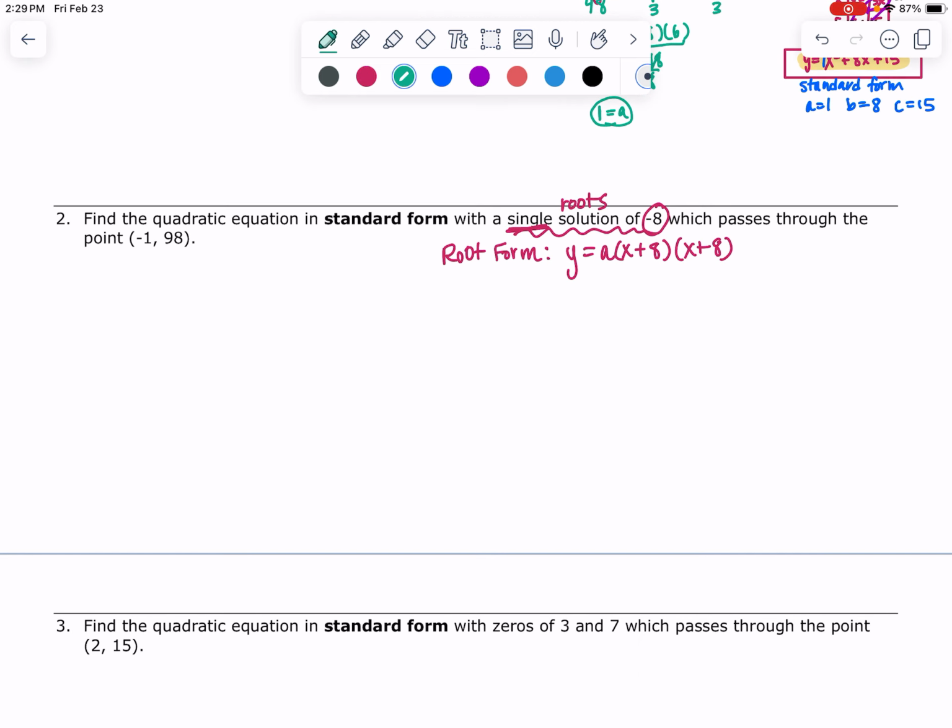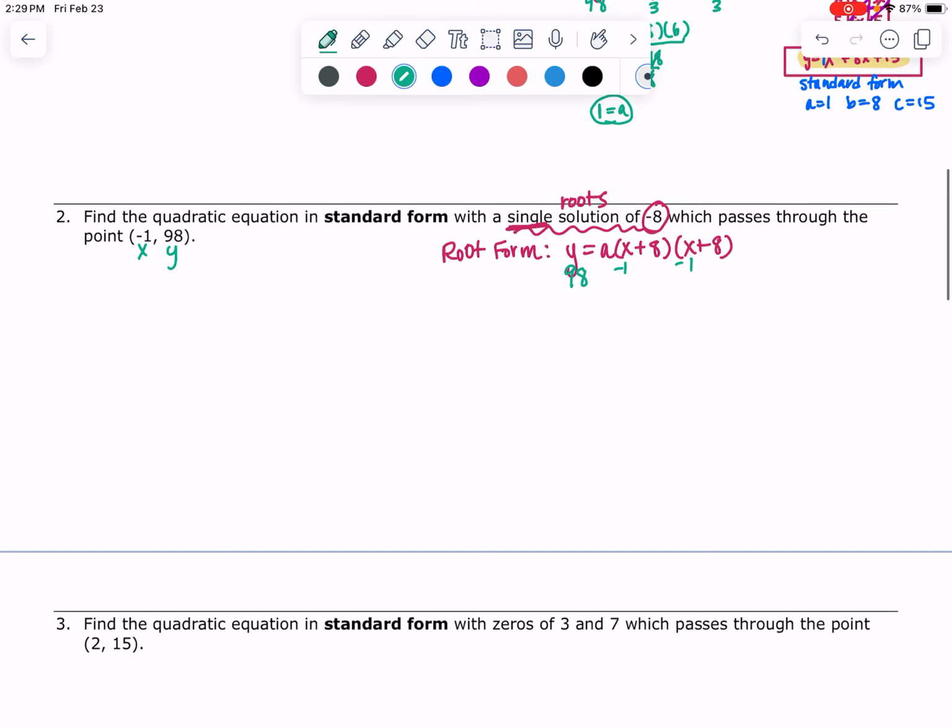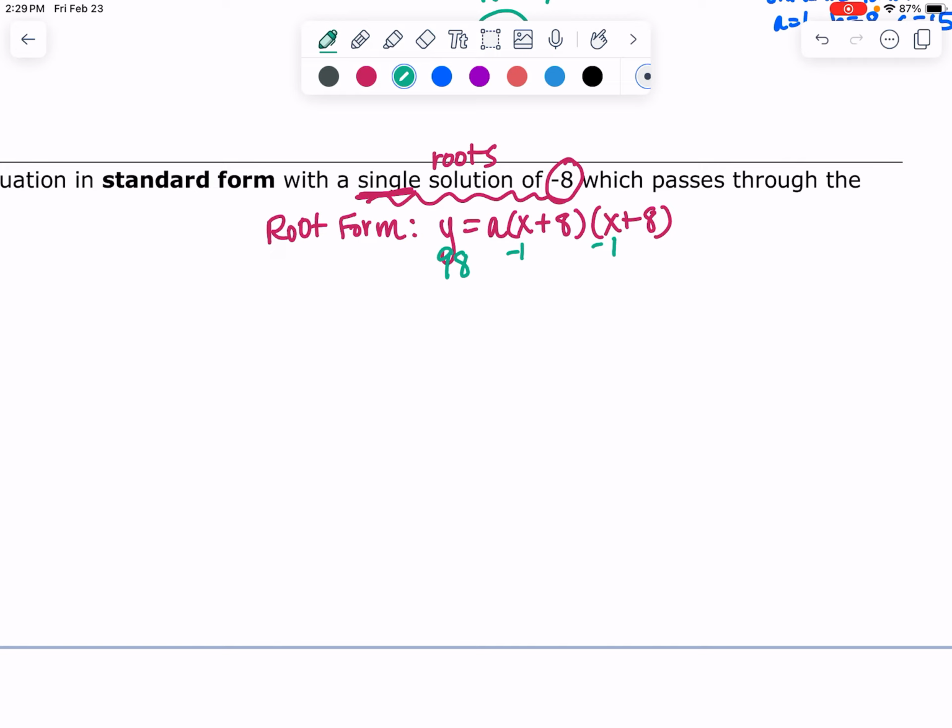Okay, and then they're giving us this random point we can plug in for y and x. So x is -1, y is 98. So 98 equals a times -1 plus 8, which is 7. 7 times 7 is 49.